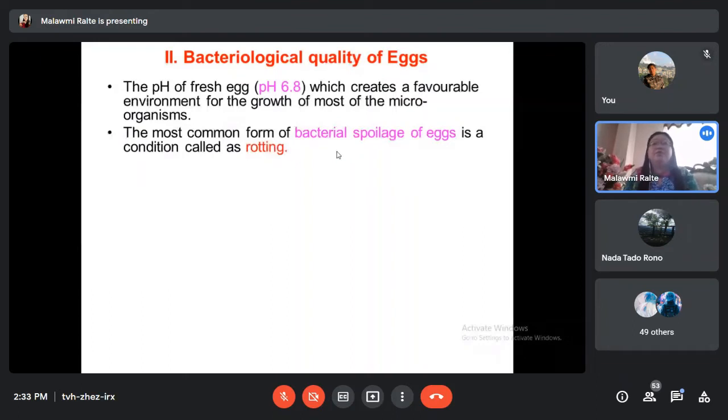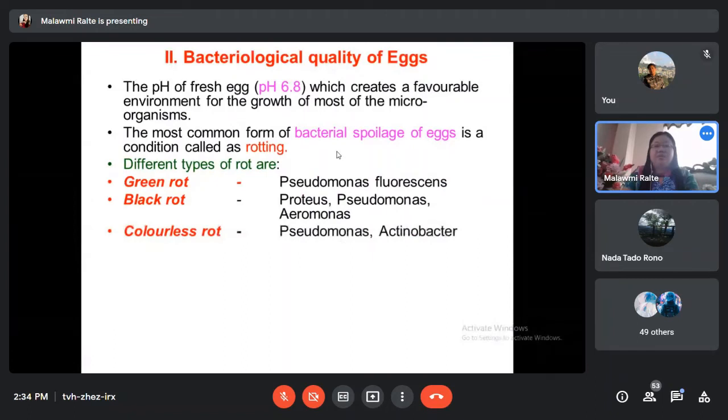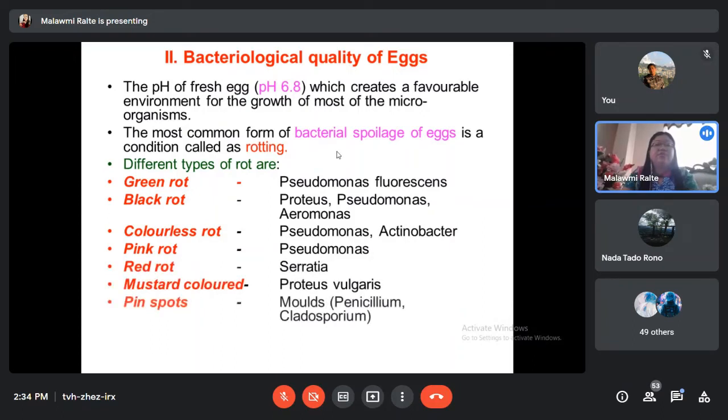But when there is bacterial spoilage of egg, it is called rotting. So there are different types of rots due to bacterial contamination in the egg: green rot, black rot, colorless rot, pink rot, red rot, mustard colored rot, then pink spots. These are all due to bacterial contamination.